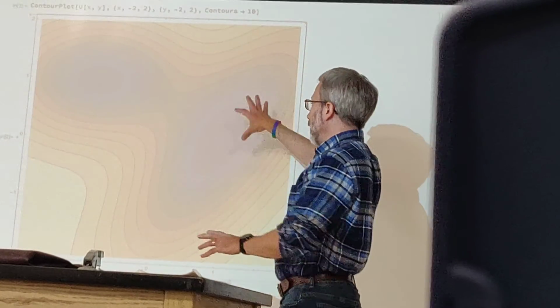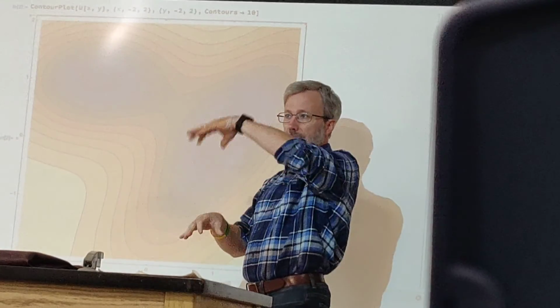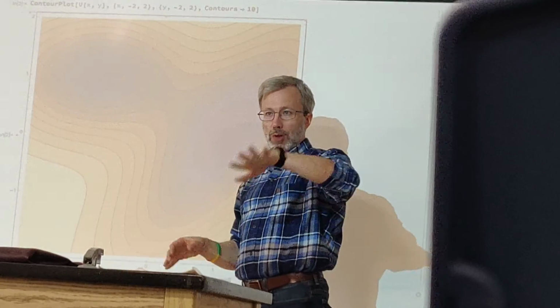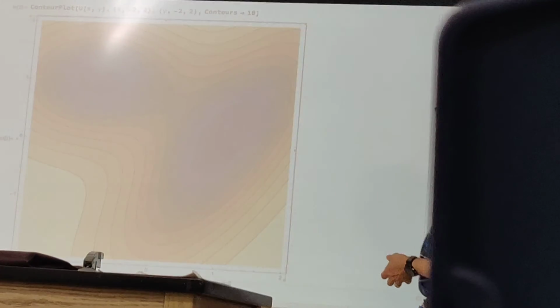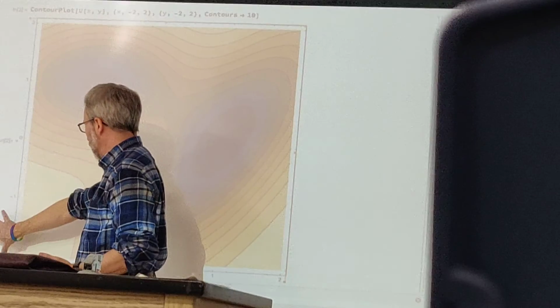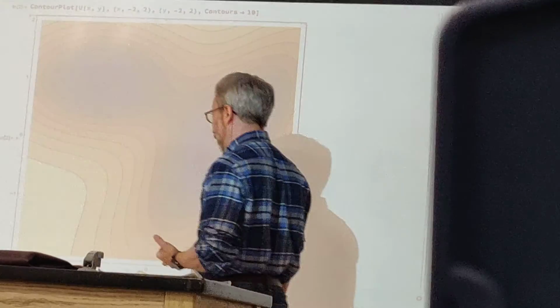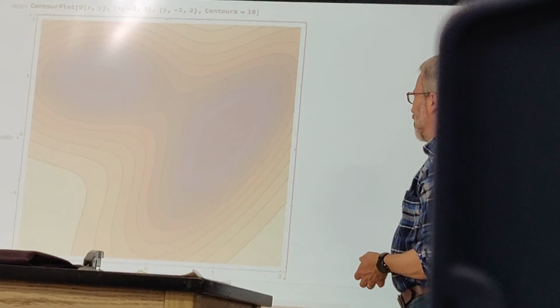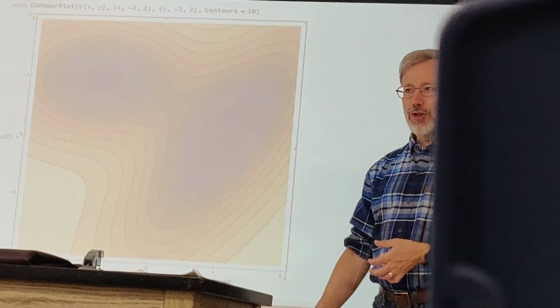Okay, so if we had kind of oval shapes, but they were yellowish instead of bluish, so they would indicate local peaks instead of local valleys, right? And then, yeah, I don't think we have anything on here. Maybe there's supposed to be one down here, but we don't have enough information to really tell from what we graphed. I actually think the way that I define this function there isn't one, but I don't know that for sure.